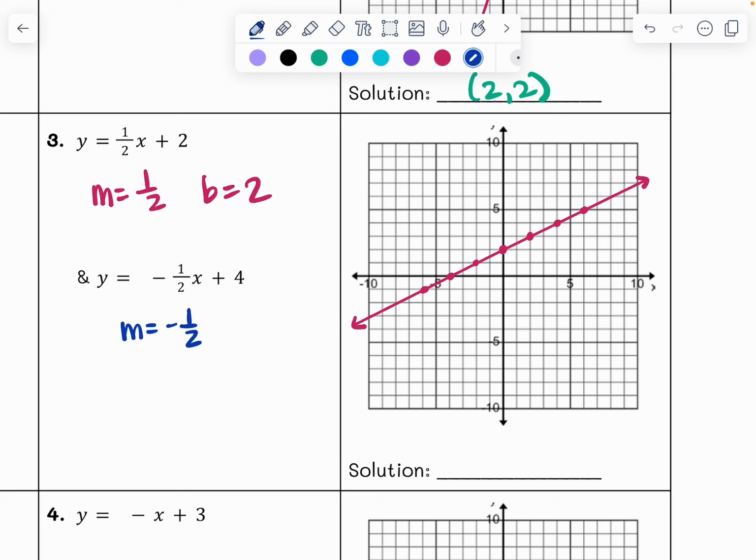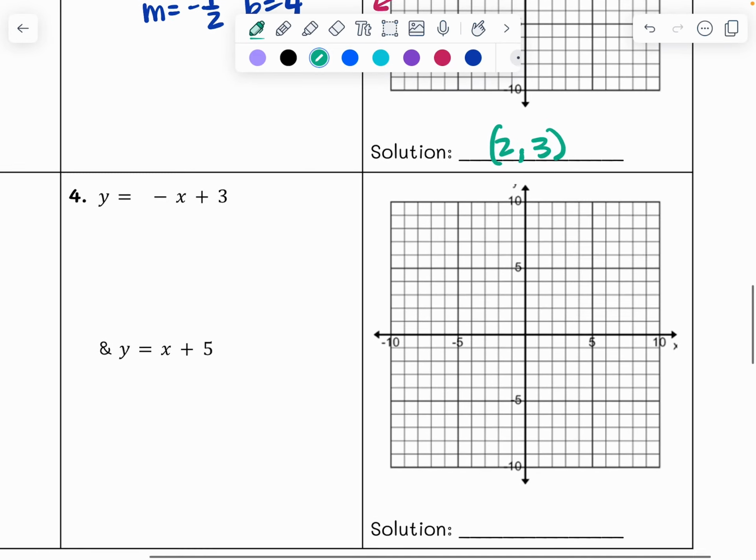Slope is negative 1/2. B is 4. Down 1 over 2. My solution is where they cross at 2, 3.